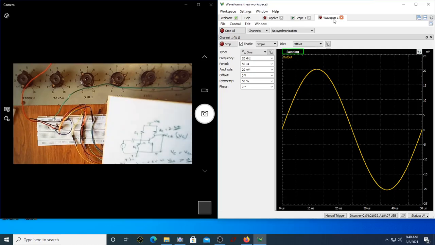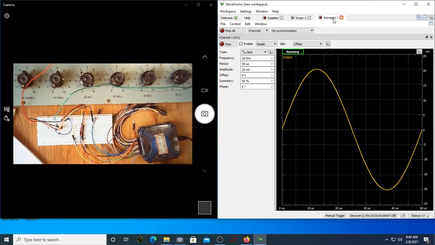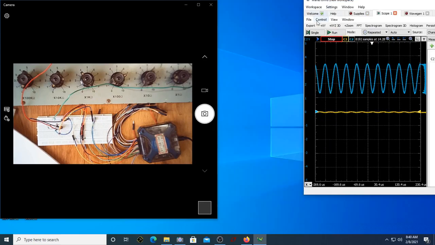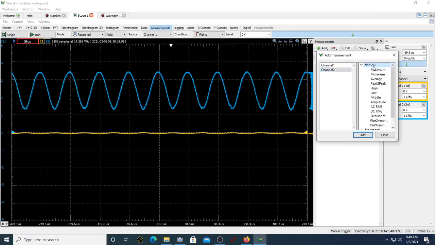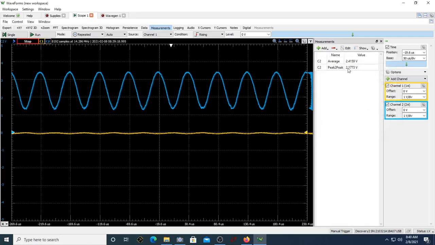Let us try to measure V naught peak to peak. What I suggest is you can use this peak to peak option here. You can see now it is showing 2.17. There is one more possibility, because you can see there are some spikes happening. This is the real-time signal you're getting.